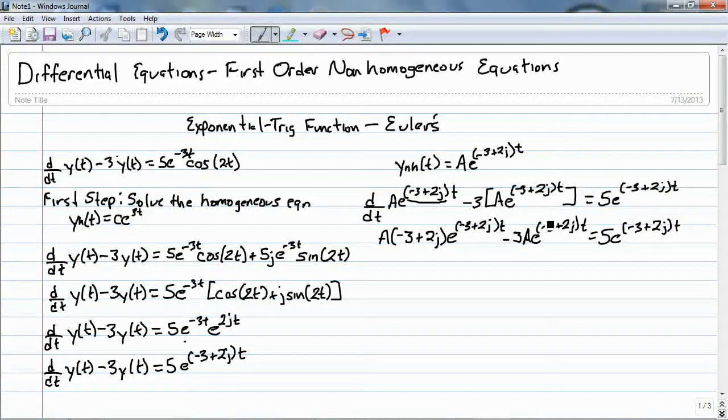Okay, now you notice that our exponentials are going to go away. We can distribute our A through. Actually, let's just leave our A out for the moment.